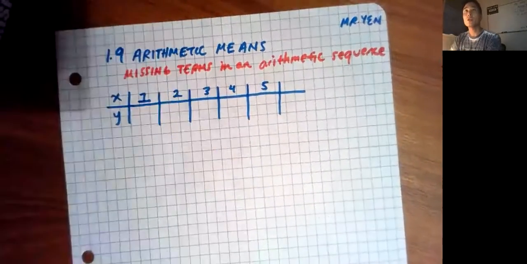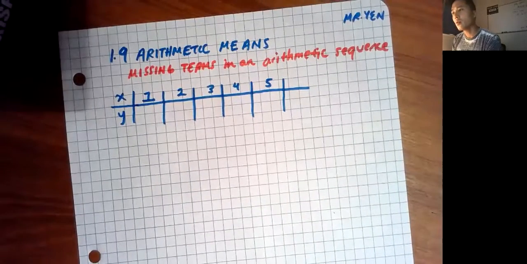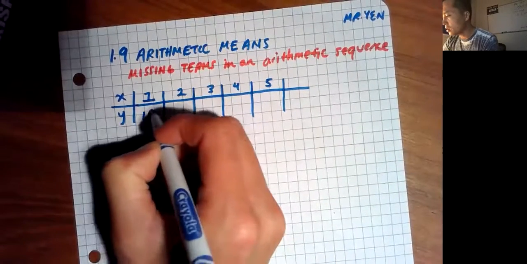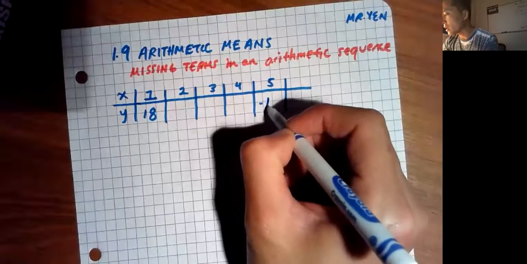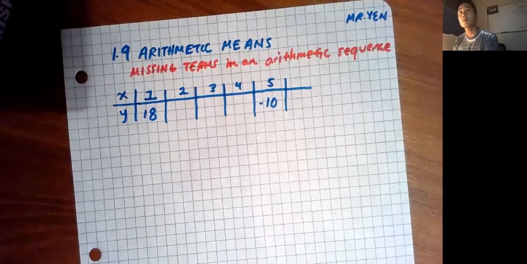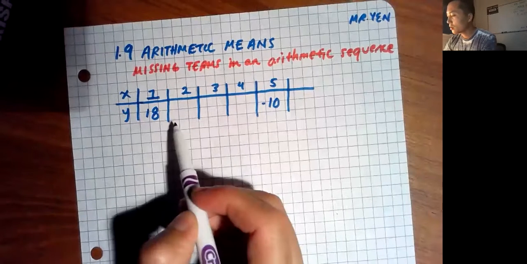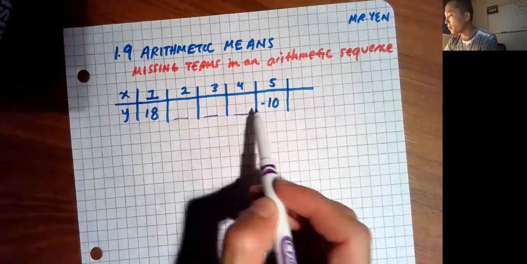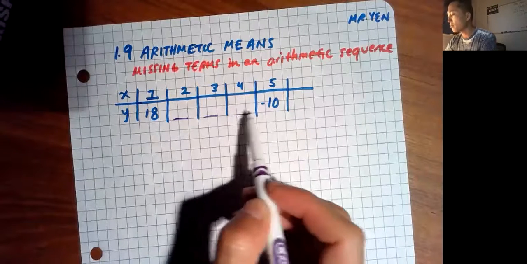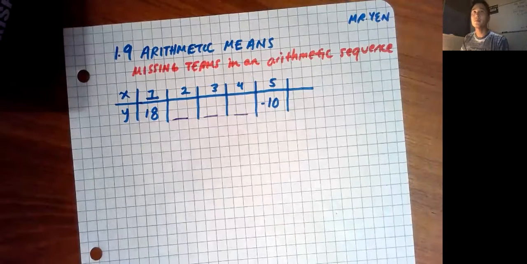When X is 1, Y is 18. When X is 5, Y is negative 10. So each of these blank spaces, here, here, and here, these are the arithmetic means, these 3 arithmetic means that we're trying to figure out.